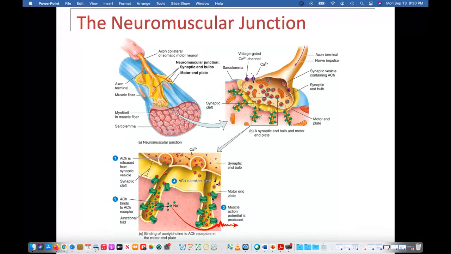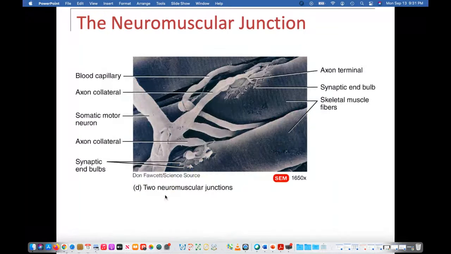Okay? And I'm going to go through this a few times. This invagination right here is called a T-tubule. And a T-tubule, the letter T, stands for transverse tubule.